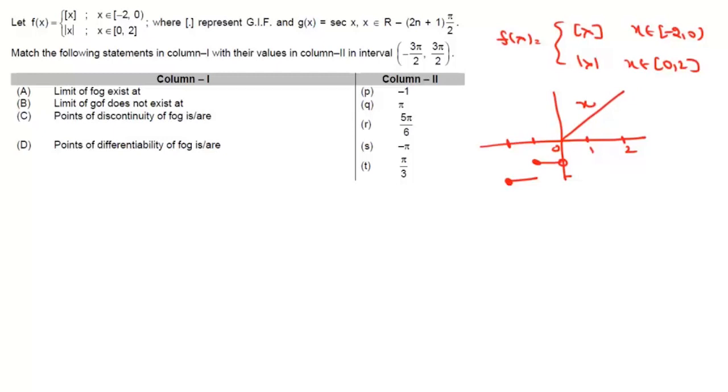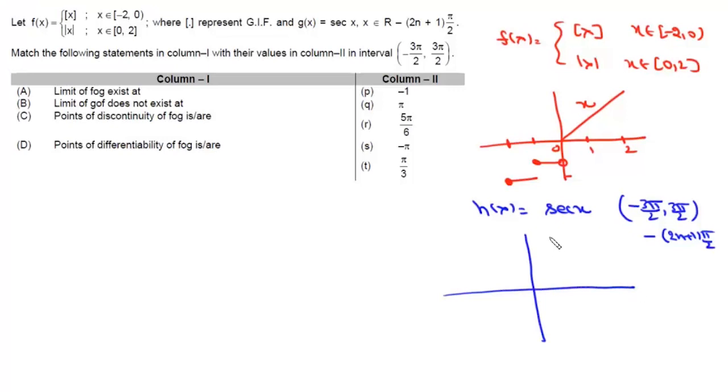Now we are given this h(x), which is secant x in the interval minus 3 pi by 2 to 3 pi by 2, except all the points where it is not defined. Now if we look at the graph of secant x, now this is pi by 2, minus pi by 2, this is 3 pi by 2, and this is minus 3 pi by 2.